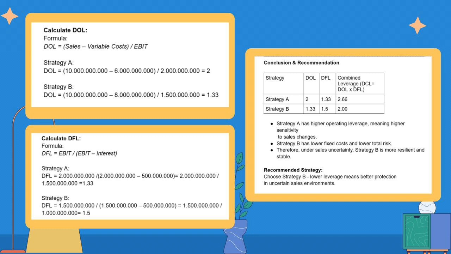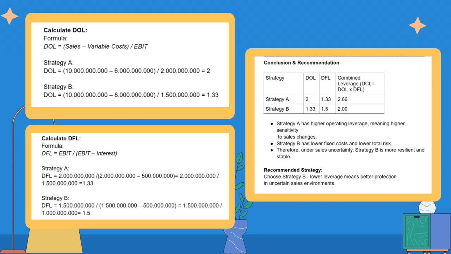So the conclusion and recommendation: strategy A, DOL 2, DFL 1.33, and strategy B, DOL 1.33, DFL 1.5, and combined leverage we got 2. So strategy A has higher operating leverage, meaning higher sensitivity to sales changes.